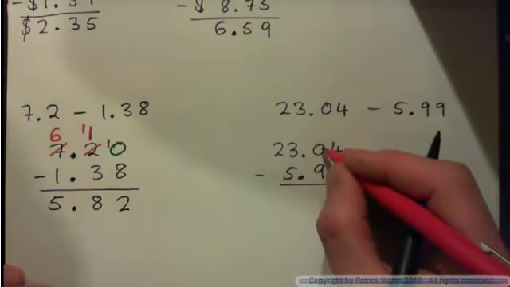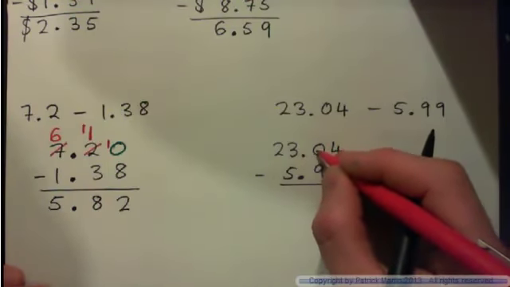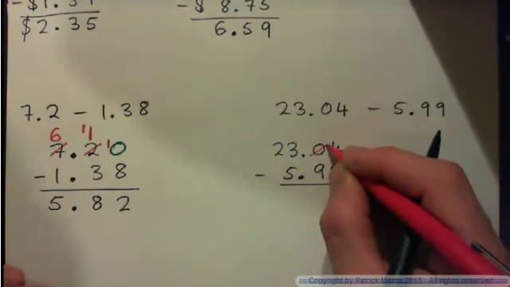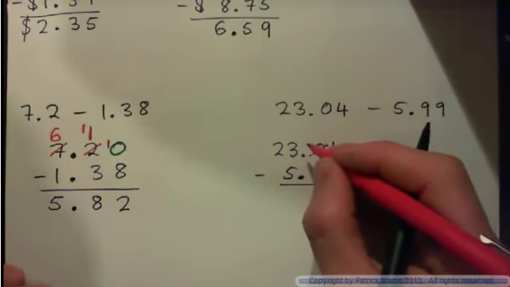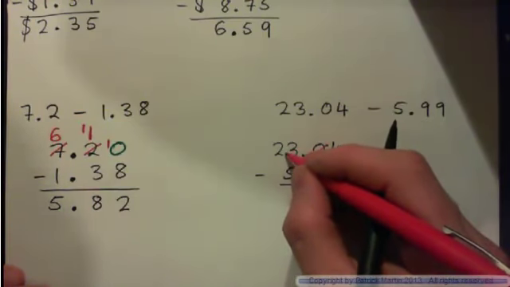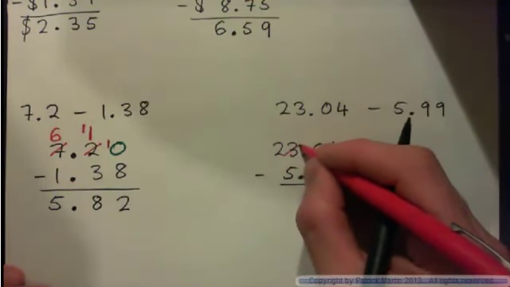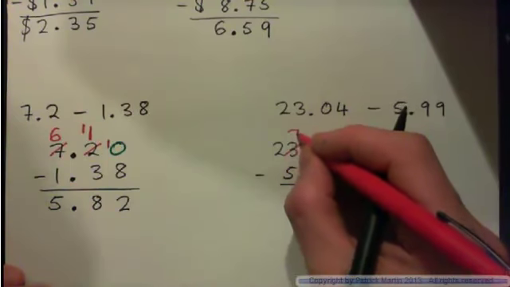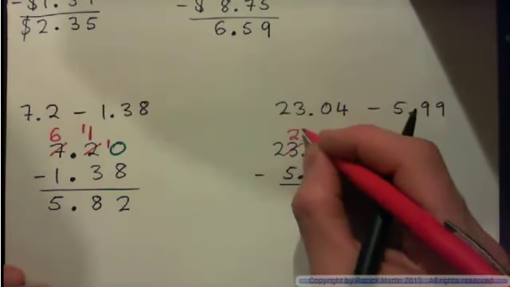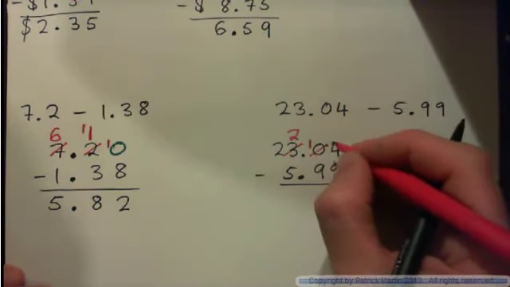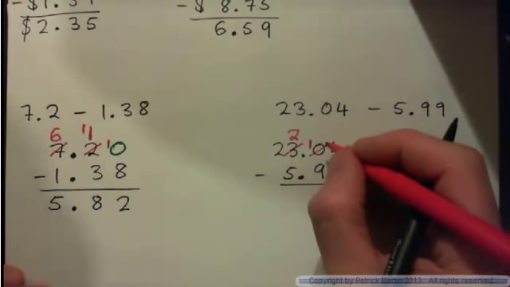So you got to borrow from here, but there's nothing to borrow from there. Okay, so go back over to here. You got to borrow from here to bring it over to here to make that a 10.